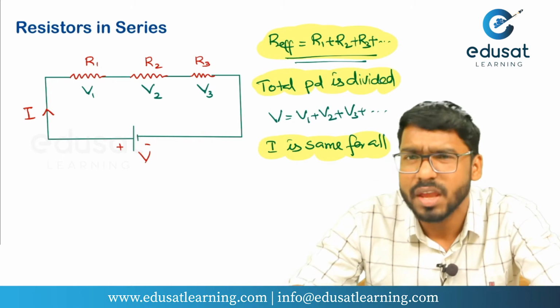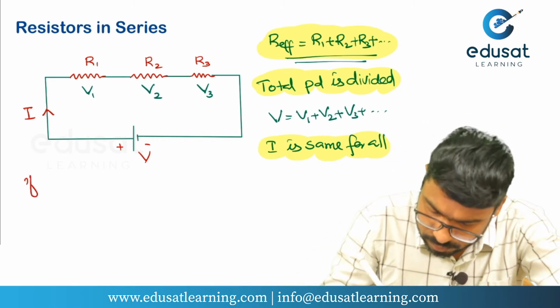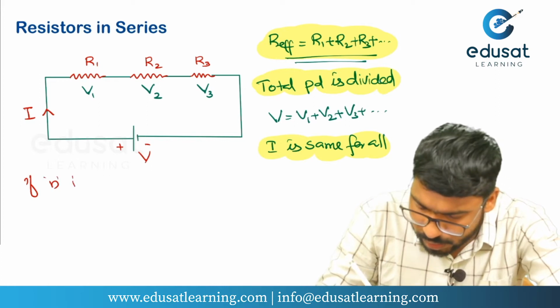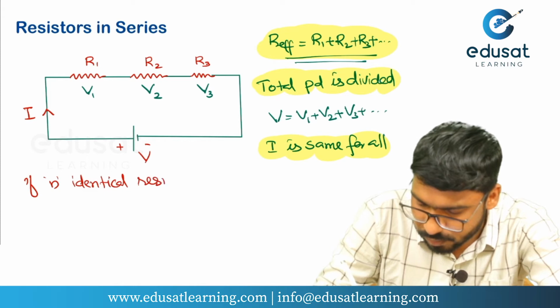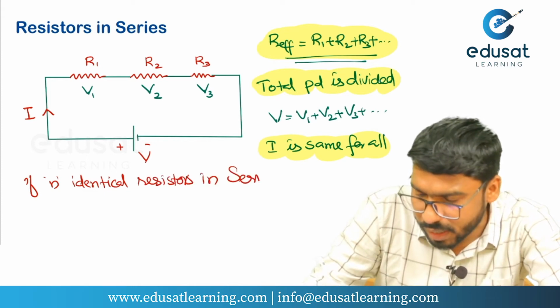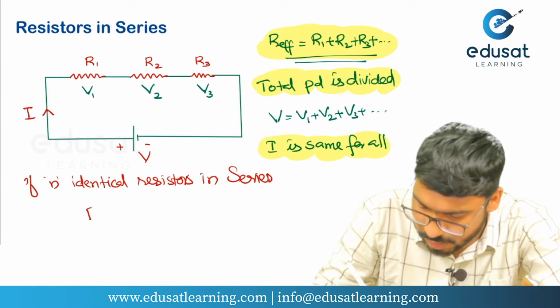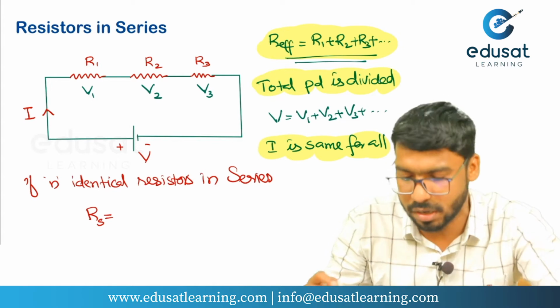Now listen. If n identical resistors are connected in series, then Rs equals R plus R, how many Rs?